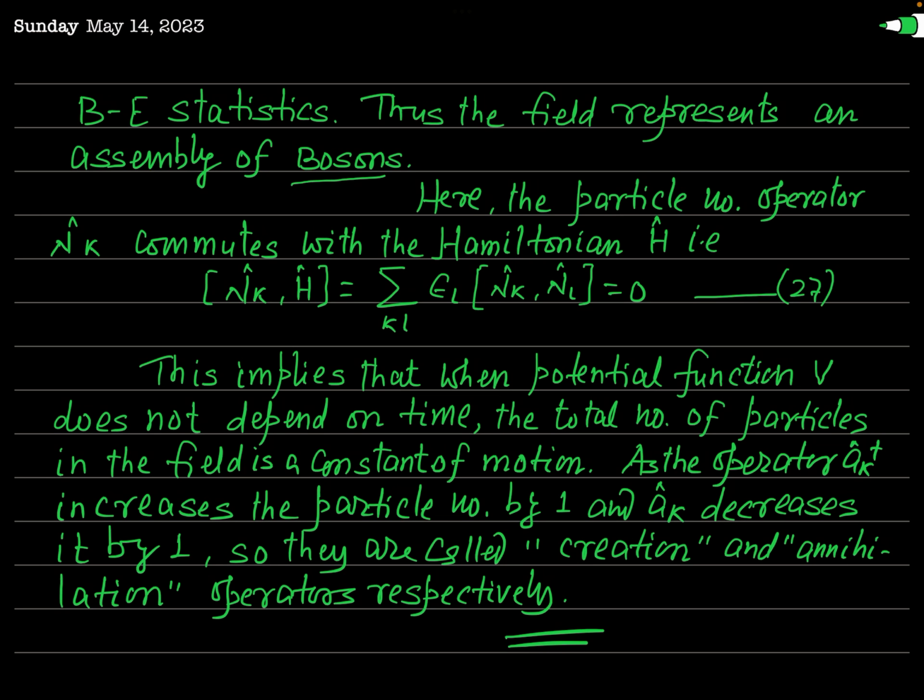Now, as n_k is a number operator, this number operator commutes with the Hamiltonian H. And so you can write that the commutator of n_k hat and H hat can be written as summation over l of epsilon_l commutator of n_k and n_l, and that will be equal to 0.